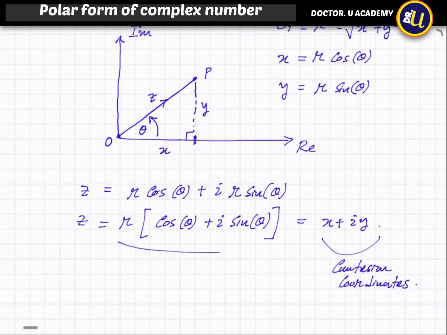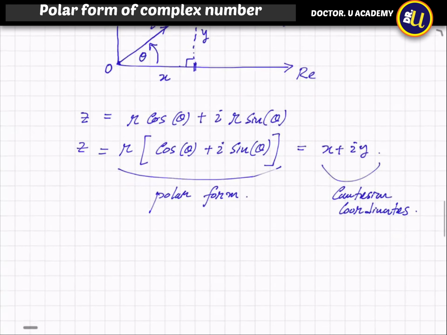Now here, once we convert the Cartesian coordinates into the polar coordinates, we have z in terms of polar form. So we have to know both. So for simplicity, we call it r cis theta, C-I-S theta. This is called polar form or cis form.